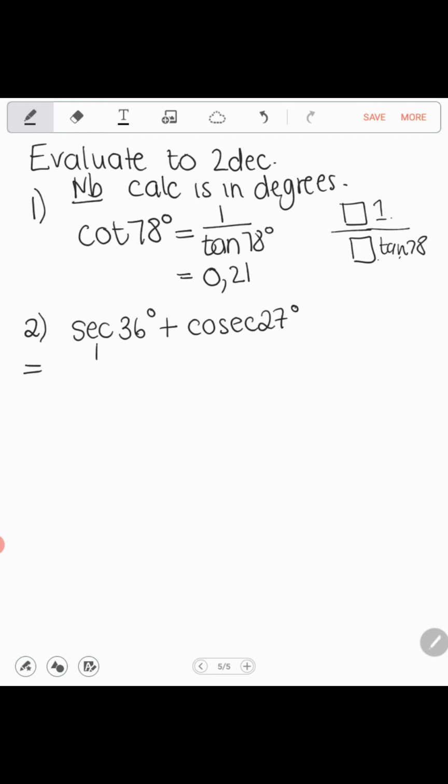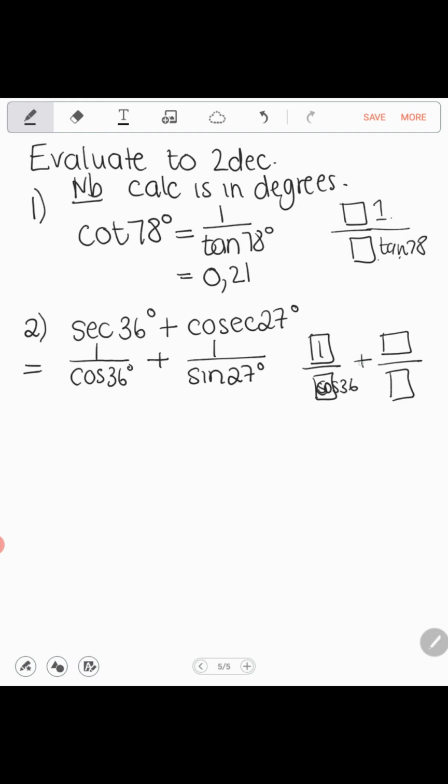Sec goes with cos, so 1 over the cos of 36 plus 1 over the sine of 27. And again, use your fraction buttons, put the 1 at the top, cos 36 at the bottom, fraction button again, 1 over sine 27.